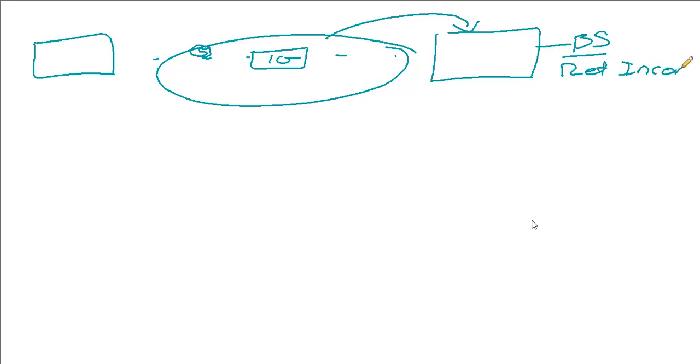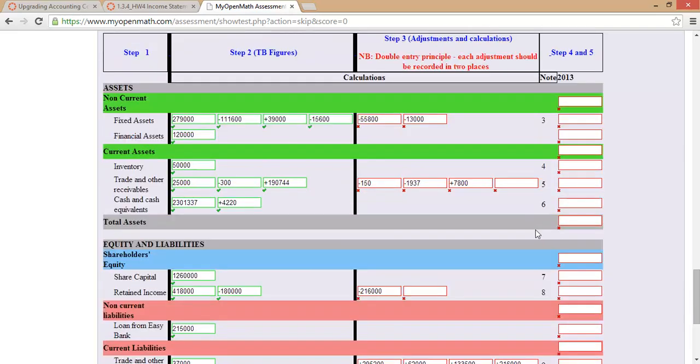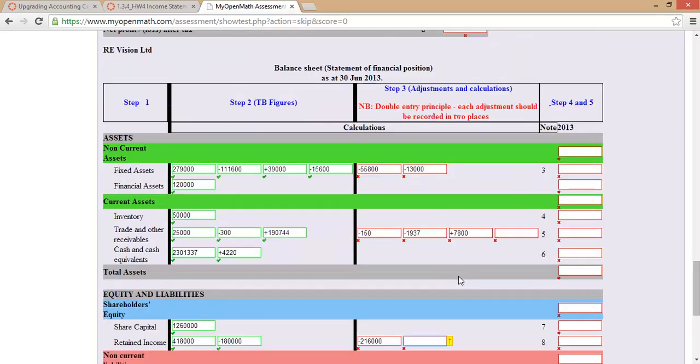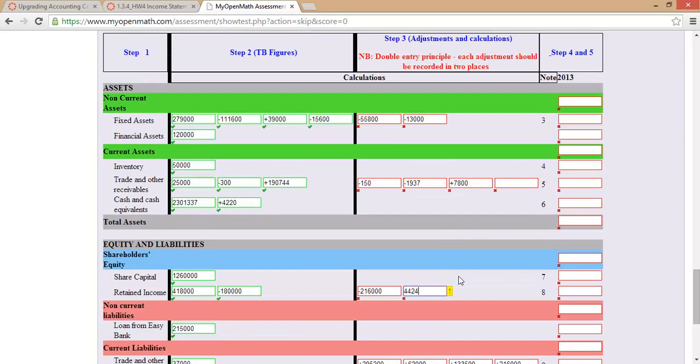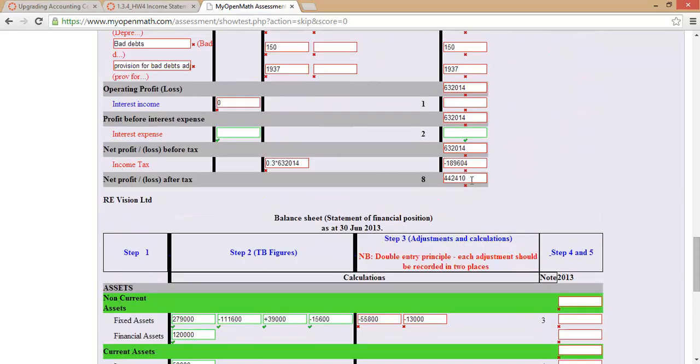So I'm going to go to my retained income, and my retained income needs to increase by this profit of 442,410. So I can say that is plus. Alright, and that is how the income statement links with the balance sheet.